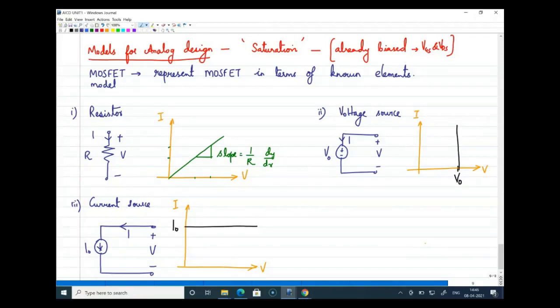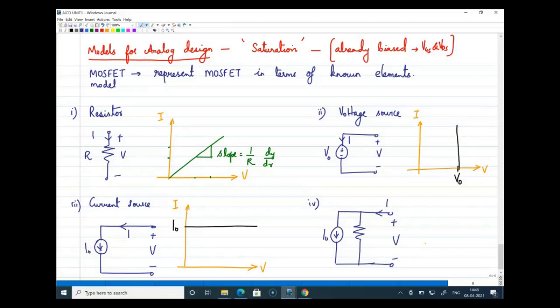All right. So since you have done all this, let me ask you to draw a combination. You have a current source with a value of I naught, and a resistor connected in parallel. You have a voltage V across this, and this is the current. Now that current is divided into two.